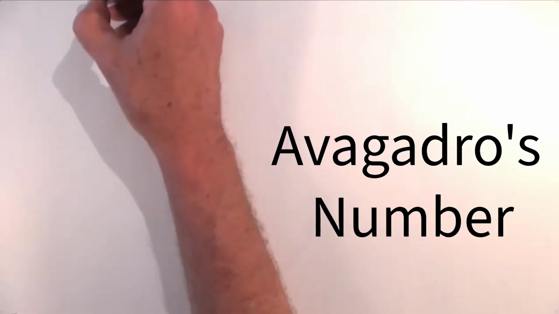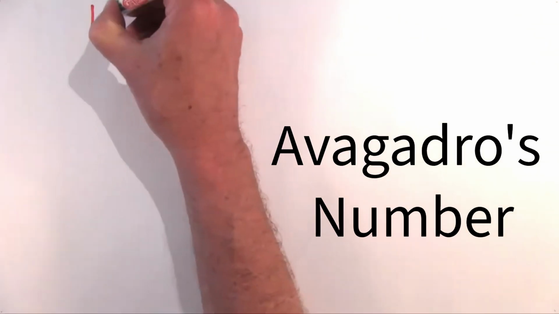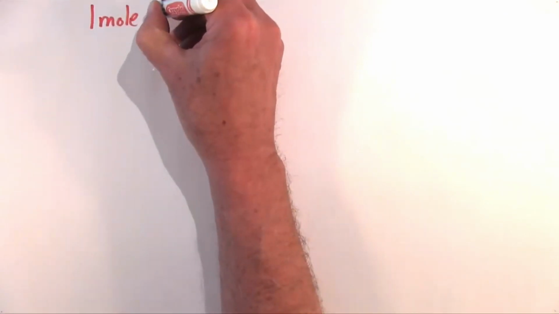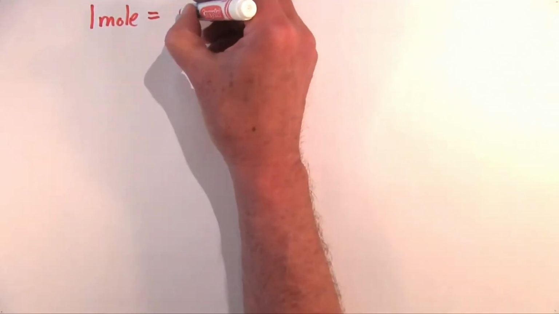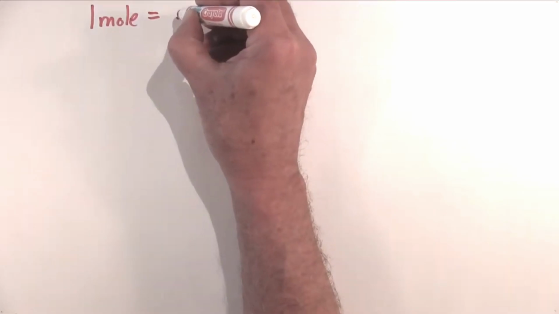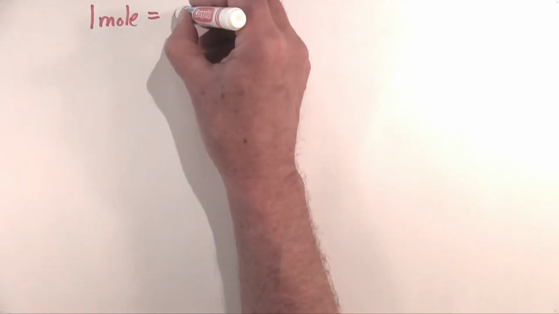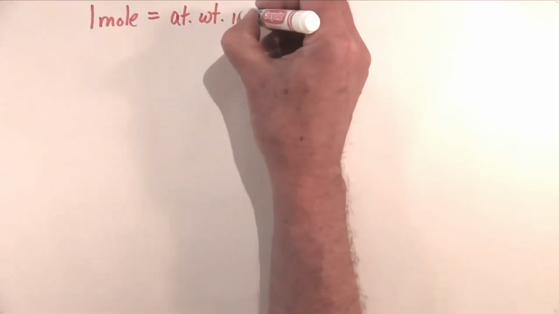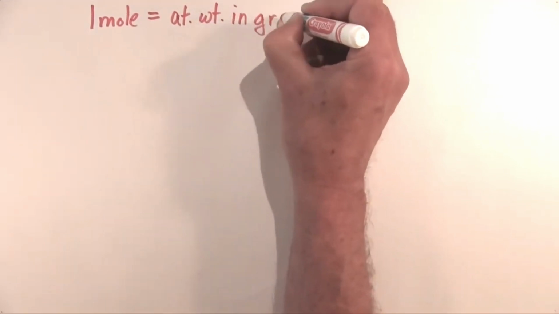So the story so far now is that a mole is a lump, okay? And we said that it was equal to the atomic weight in grams.